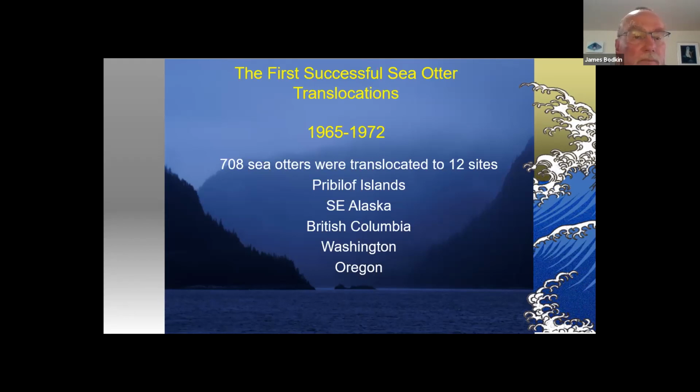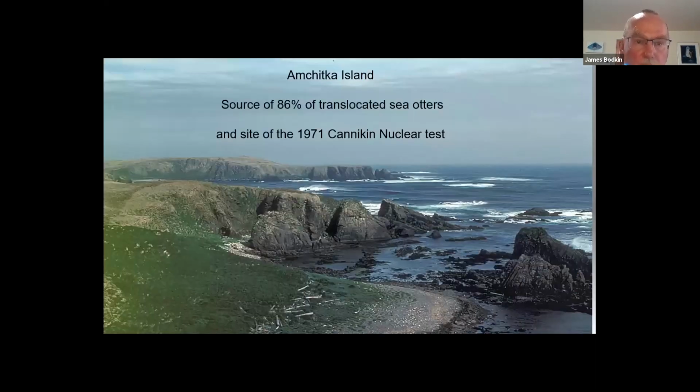During this period, 708 sea otters were translocated to 12 sites, including the Pribilof Islands, Southeast Alaska, British Columbia, Washington, and Oregon. I'm going to show you some photographs of the source populations, and eventually of the recipient populations and habitats, just to give you a sense of the variation in the types of habitats that sea otters can occupy.